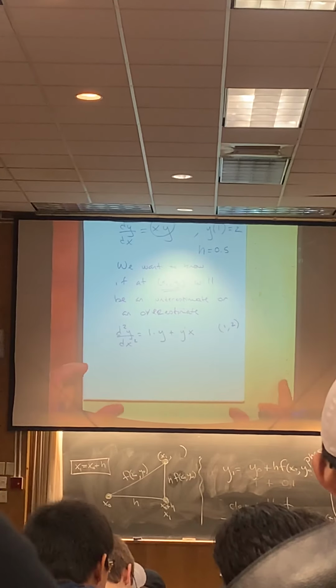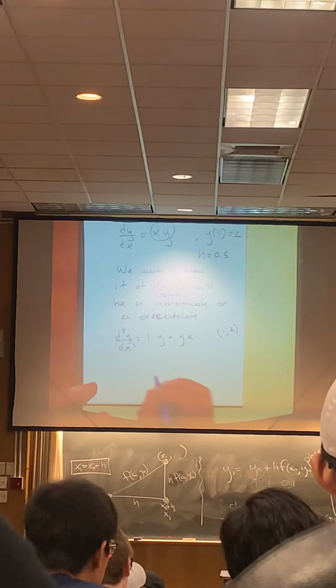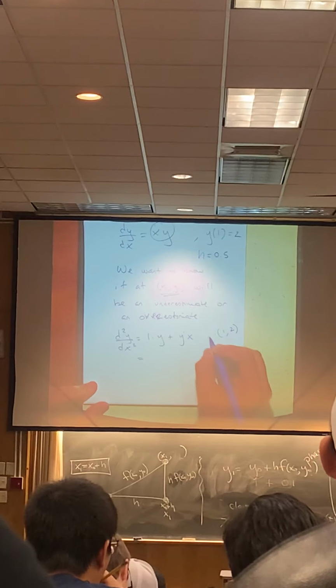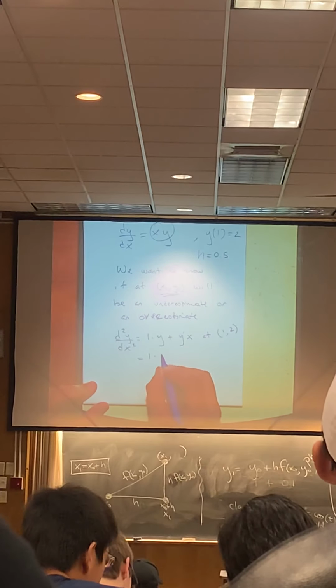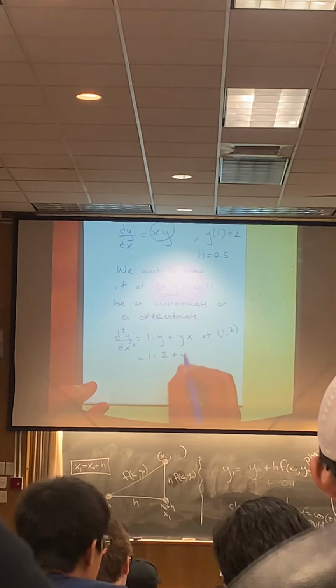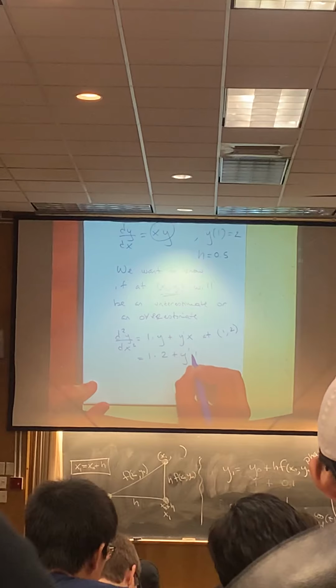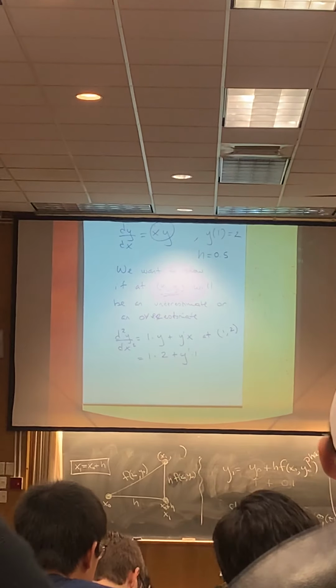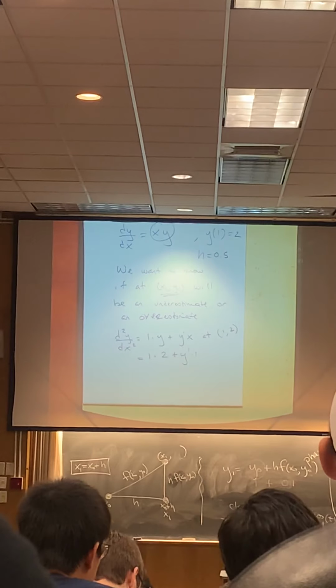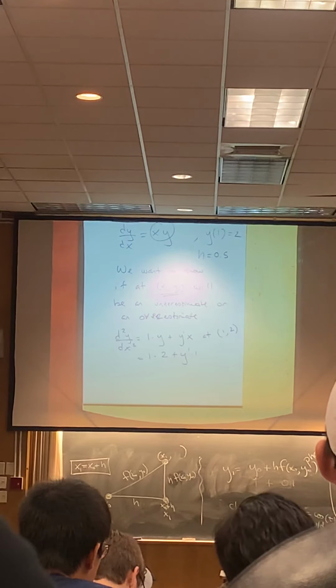That's the initial condition up there. So this is 1 times 2 plus y prime times 1. And my voice is changing out of the emotions. What is y prime? Y prime is 2.